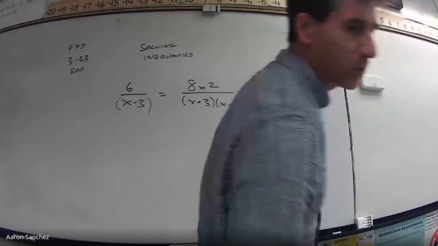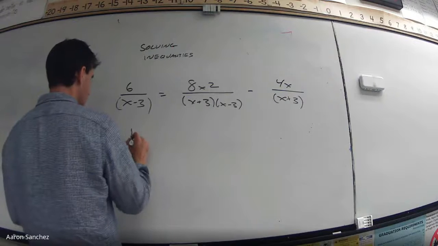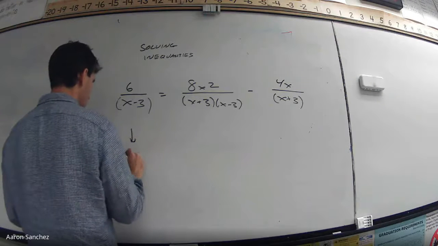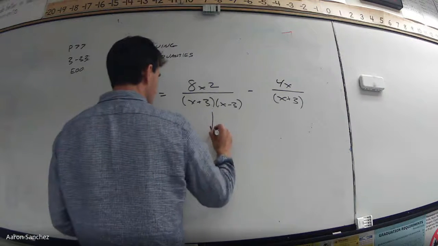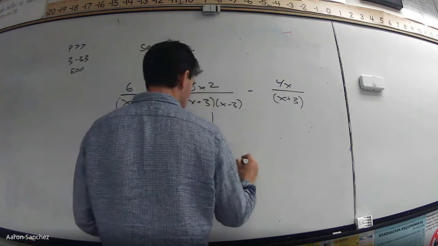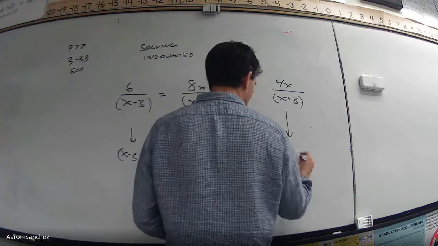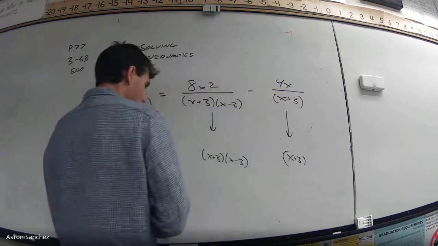All right, so again, we look at the houses. This house has an x minus 3 in it. This house has an x plus 3 in it and an x minus 3 in it. And this house has an x plus 3. Well, what do I need to multiply them by so they all look the same?